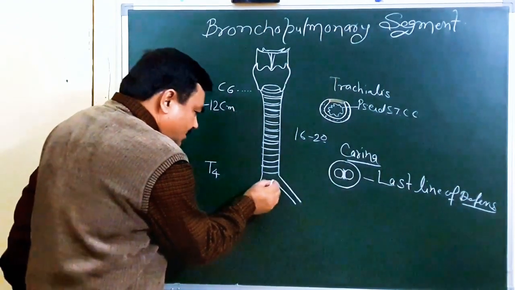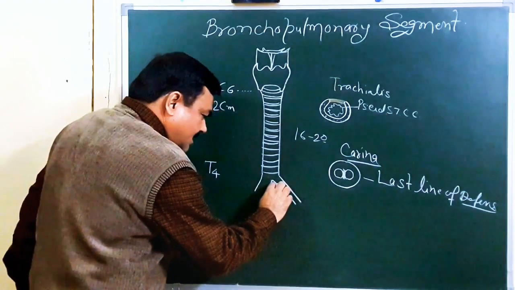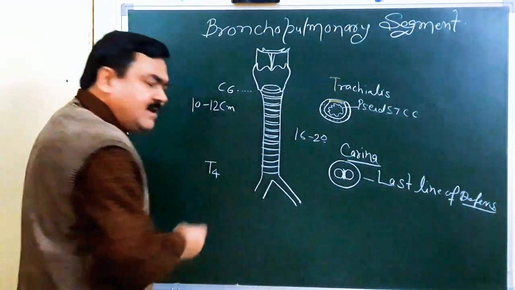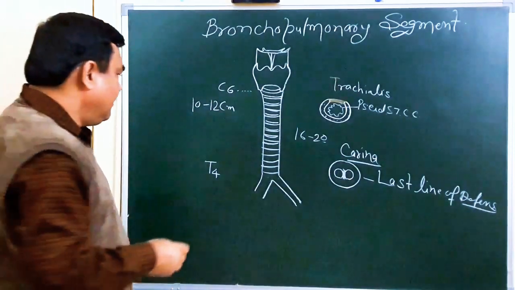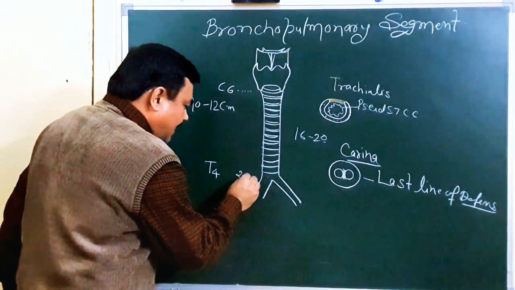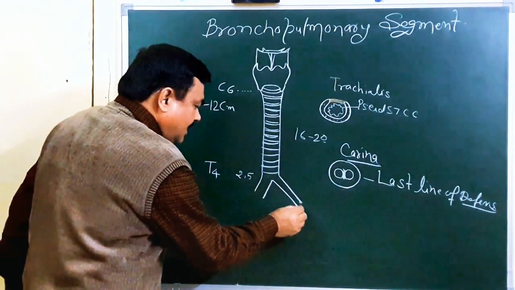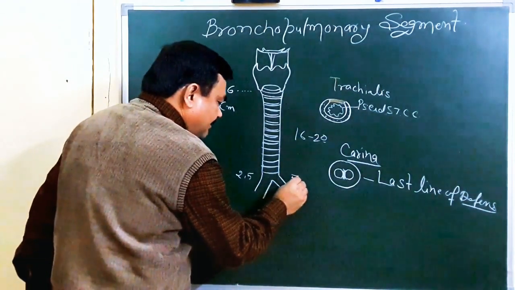After this, you can see this is the right principal bronchus and this is the left principal bronchus. The length of the right principal bronchus is about 2.5 centimeter, and the length of the left principal bronchus is about 5 centimeter.